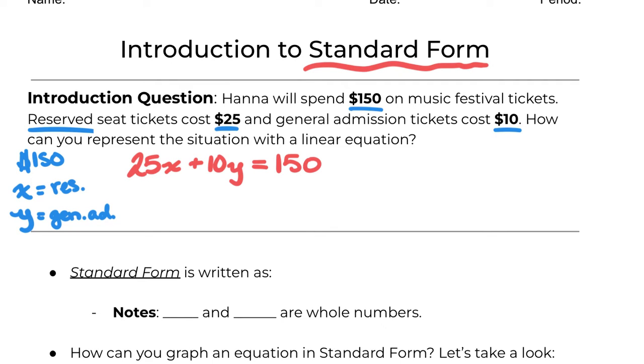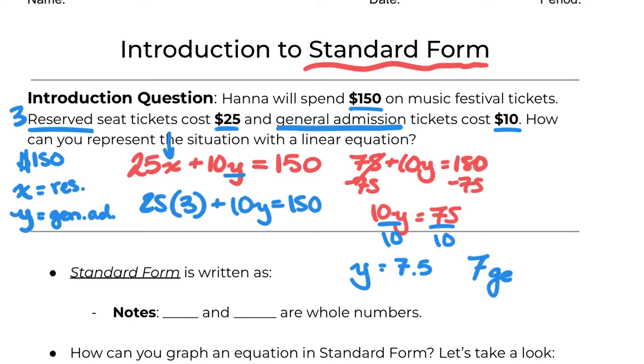Lastly, we'll divide by 10, and we get y equals 7.5. We can't really buy half of a ticket, so that means Hannah can buy 7 general admission tickets after purchasing 3 reserved seat tickets. So that's why standard form can be useful when talking about real life situations.